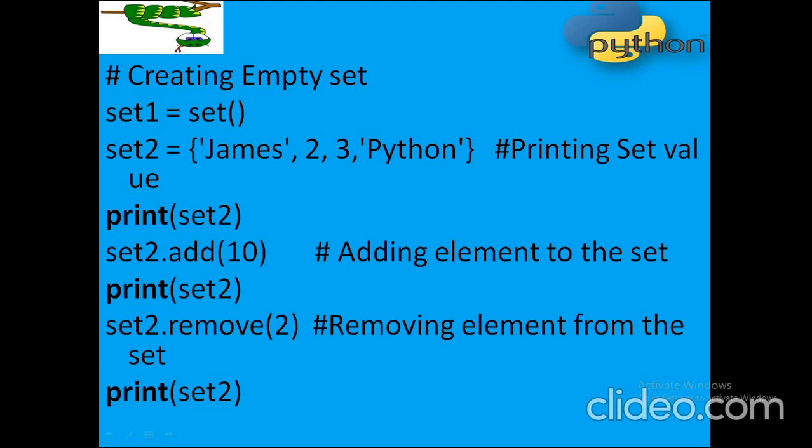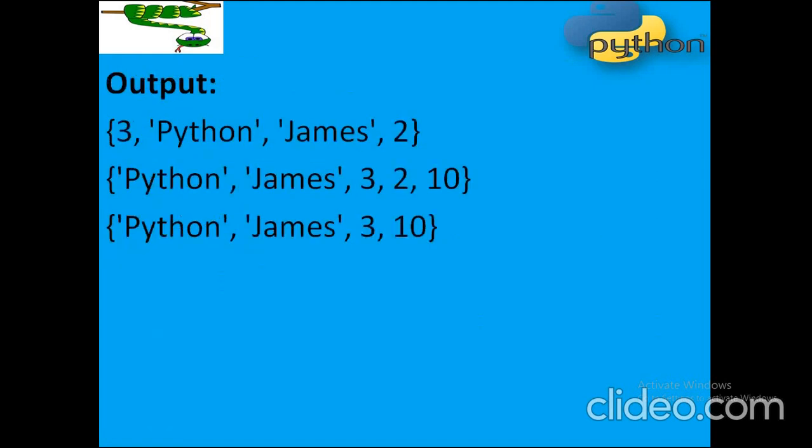Again, if we want to remove one value from the set, we can use the syntax set 2 dot remove and print set 2. By using this we get the output like this. Initially the content is displayed as it is. Then 10 is added, and 2 is removed.